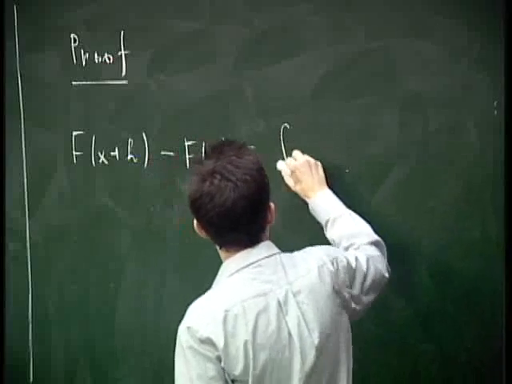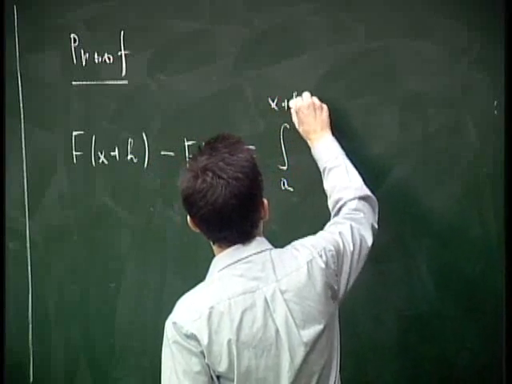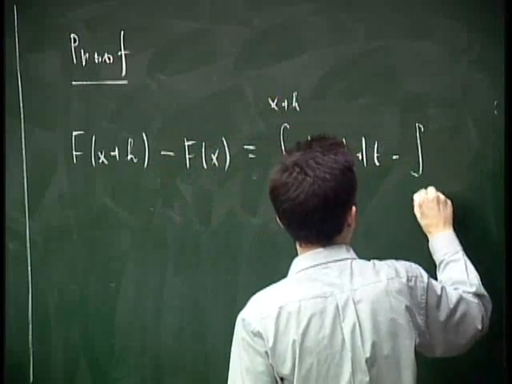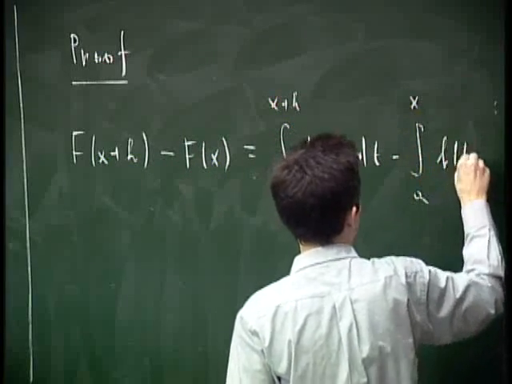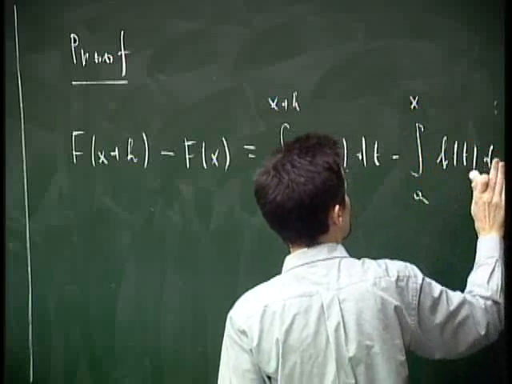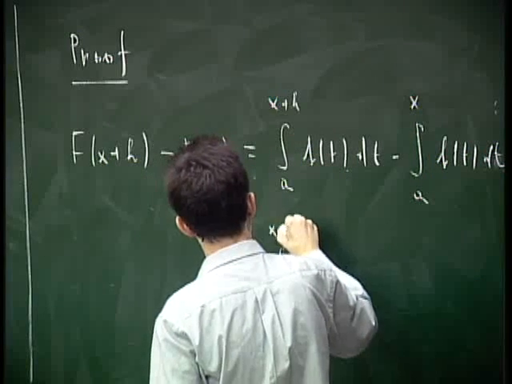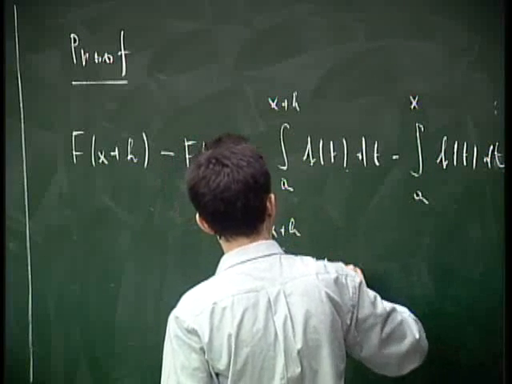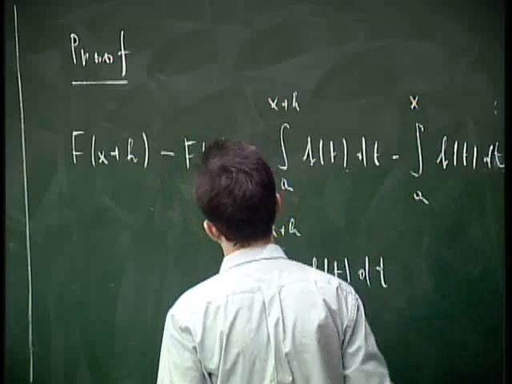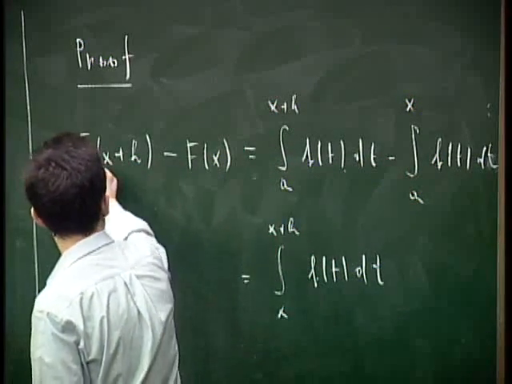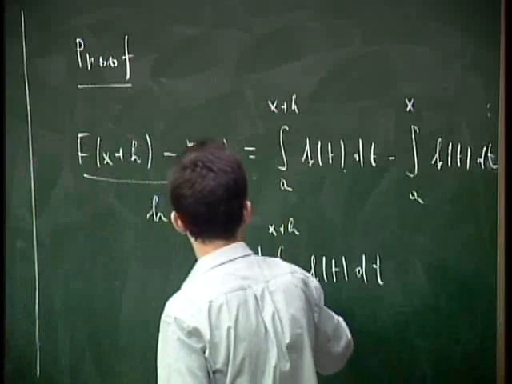If you write this down, you have the integral from a to x plus h of f of t dt minus the integral from a to x of f of t dt. And using one of the rules which I showed you before, this is the integral from x to x plus h of f of t dt. Or in other words, if we multiply everything by 1 over h, we have here 1 over h.